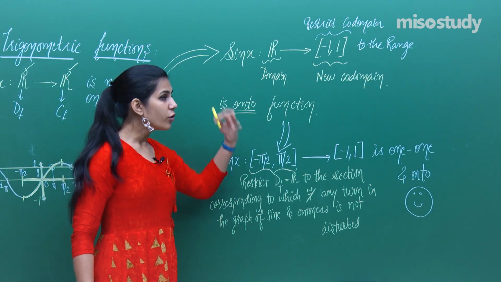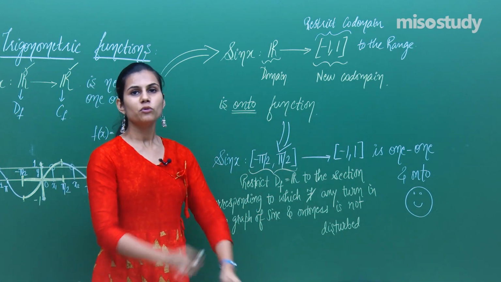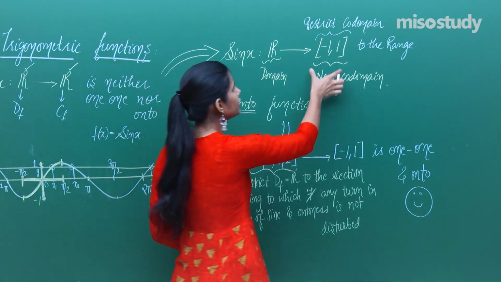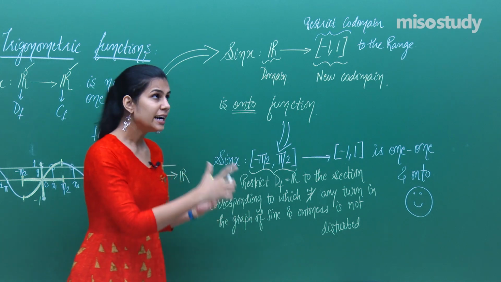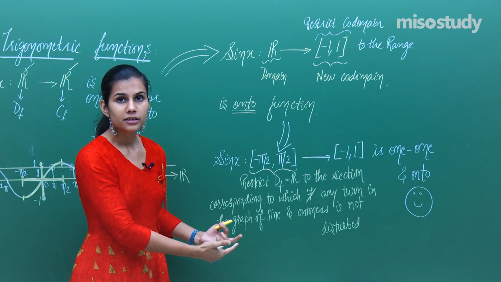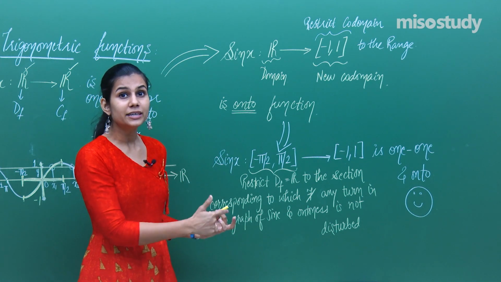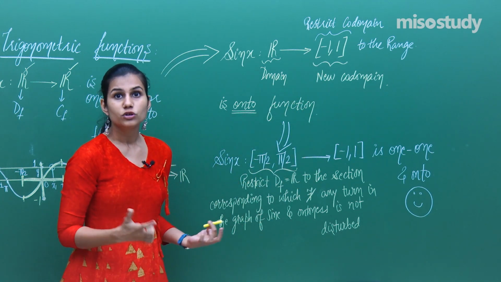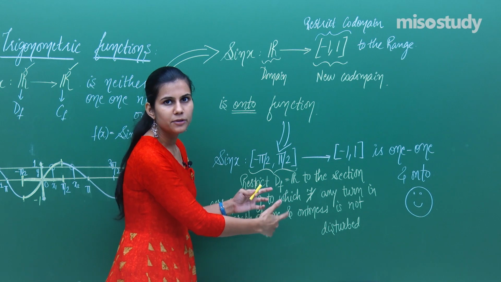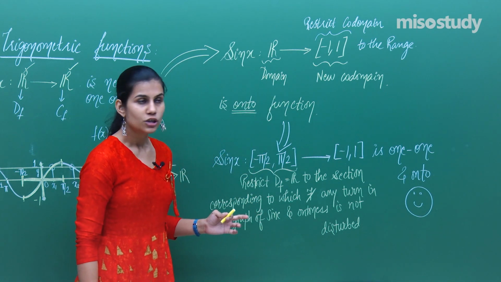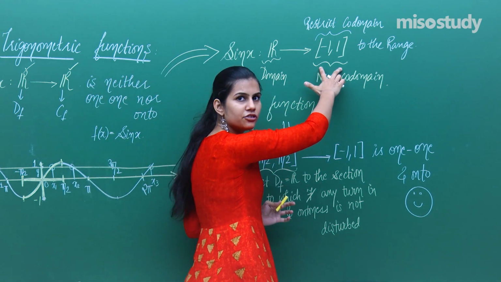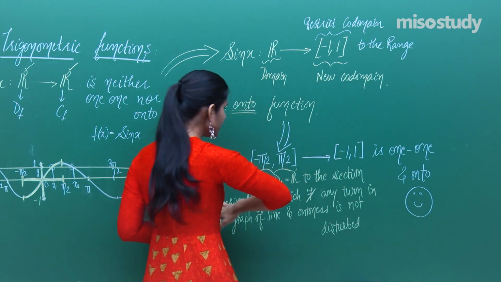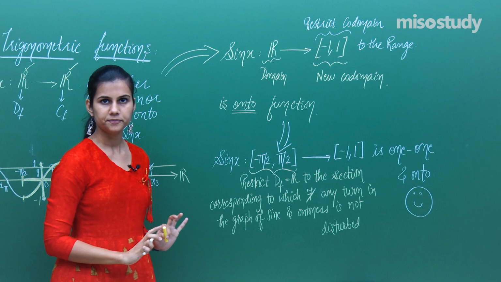Sine function from original domain to original codomain was neither 1, 1 nor onto. Then I treated the codomain and restricted it to the range, it became onto. Then I treated the domain in such a manner that it not just becomes 1, 1, but it does not fail to be onto, because I have already treated my function to be onto. So it should not happen that 1, 1ness is established but ontoness is vanished. So ontoness was first established. And keeping that in mind, that ontoness should not be disturbed, I have incorporated 1, 1ness also.